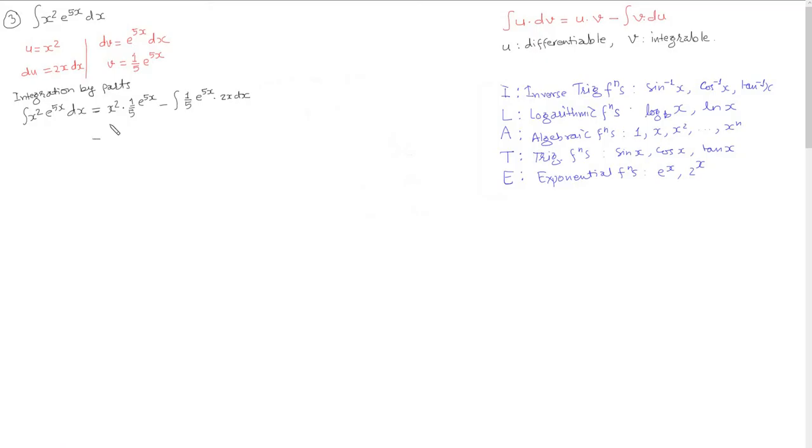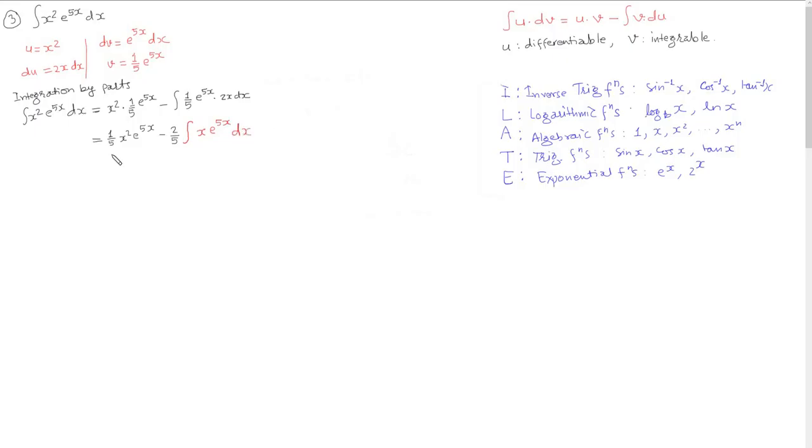So then this becomes 1 divided by 5 x square e to the power 5x minus 2 by 5 integration of x e to the power 5x dx.